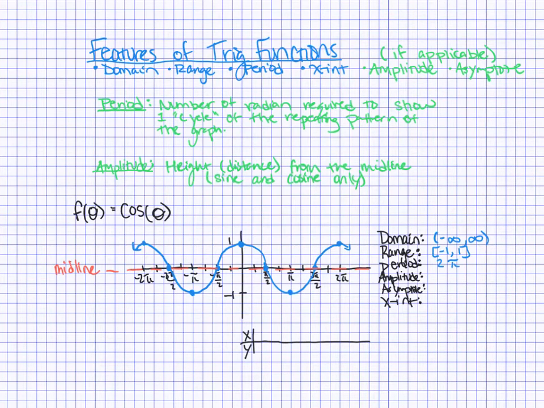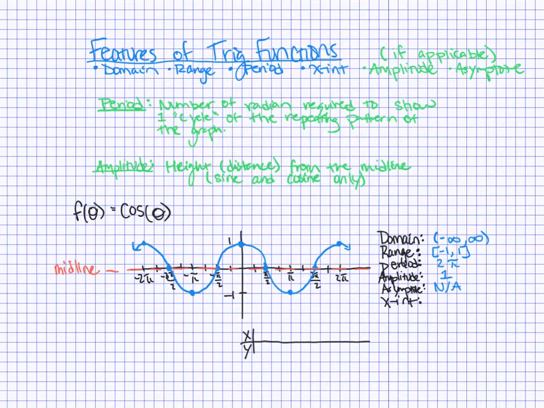And we can see that the distance from our midline down is just 1 unit, or from the midline up, that's just 1 unit. So we have an amplitude, or height, of 1. We don't have any asymptotes, so we can just say it's not applicable. It's not a thing we have to worry about.